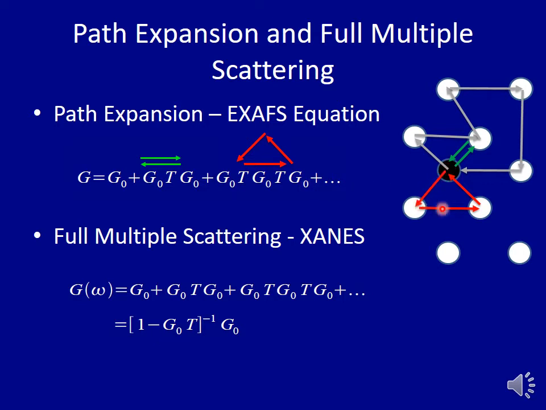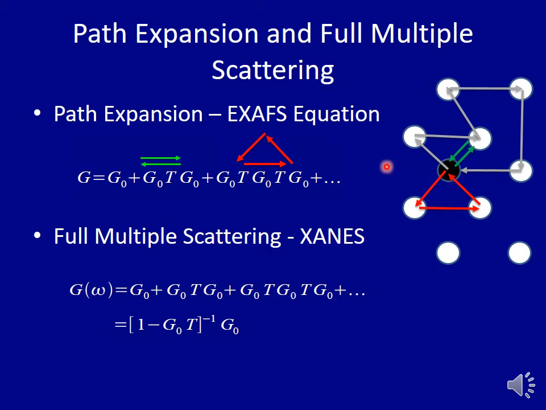So things like this red one: go to a neighbor, scatter off of it, go to a second neighbor, and then come back to the origin. And of course you can have multiple scattering beyond that, like in this gray path, for example.